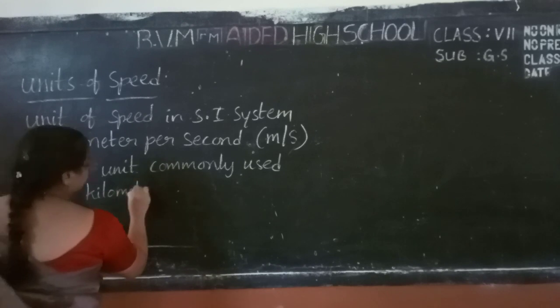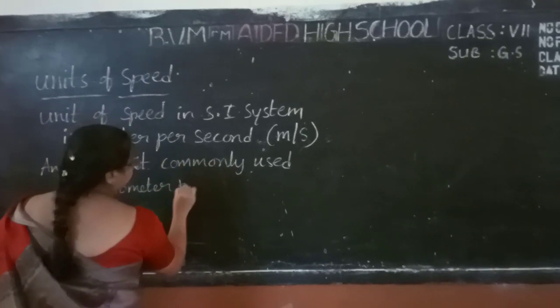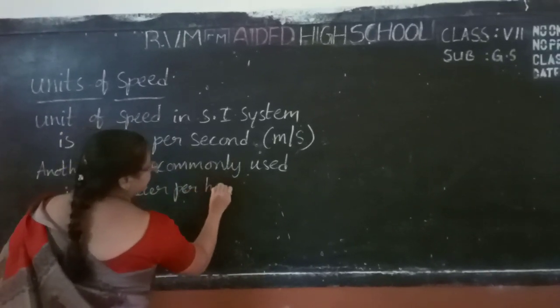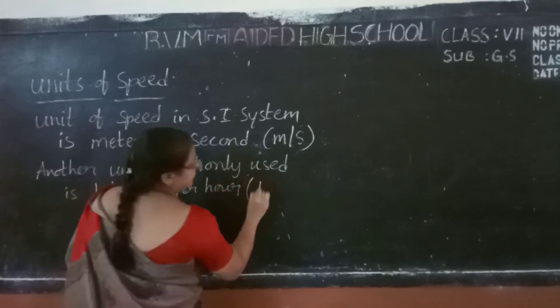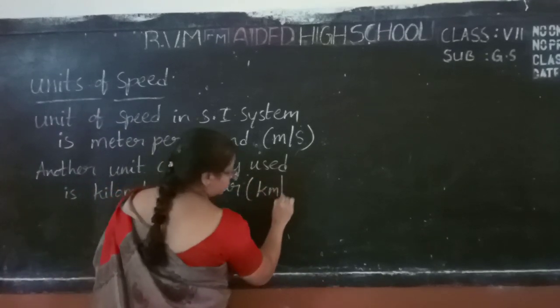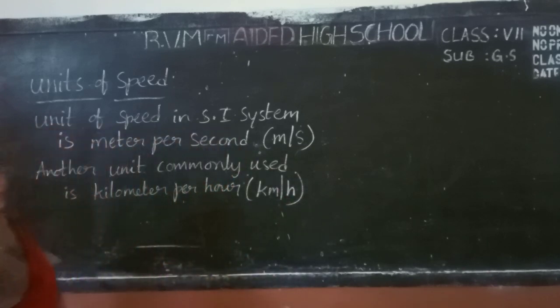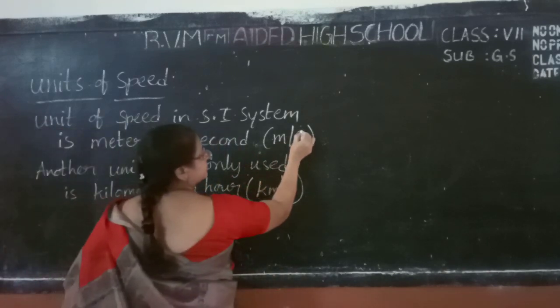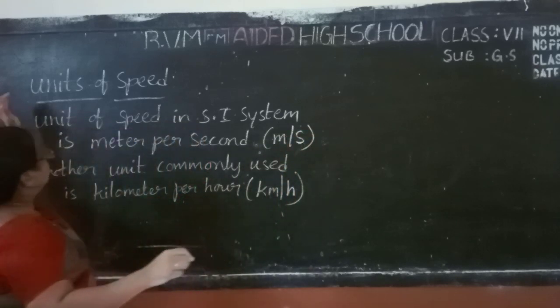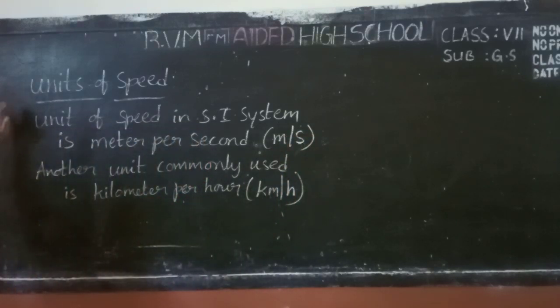It is denoted as km/h. Have you understood, children? What are the units of speed? We measure speed in different units.